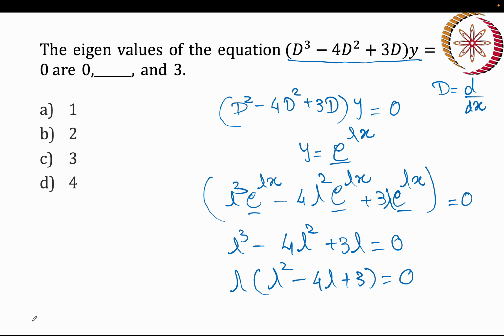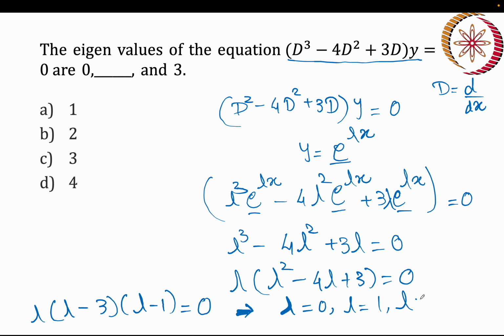And we can factorize the term in the bracket: lambda minus 3 and lambda minus 1 equal to 0. So we can see that the roots are lambda equal to 0, lambda equal to 1, and lambda equal to 3.